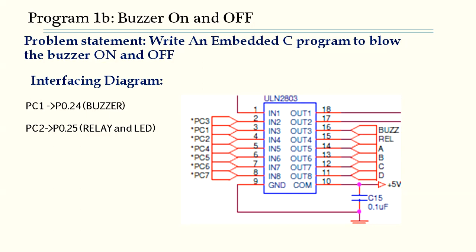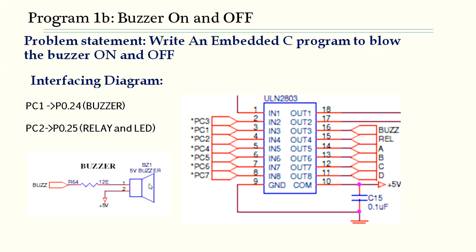The interfacing diagram again consists of ULN2803, which is the high current, high voltage driver IC, and P0.24, that is of the buzzer, is connected to IN3 of ULN2803, and the output of it, that is OUT3, is connected to the buzzer.